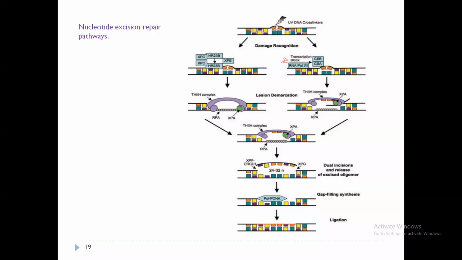XPA stands for Xeroderma pigmentosum complementation group A, and RPA is replication protein A. Then the TFIIH complex helicase function unwinds the DNA and generates an open stretch around the lesion, at which point XPG and XPF-ERCC1 come in. XPG stands for Xeroderma pigmentosum complementation group G, and ERCC1 stands for excision repair cross complementation group 1 gene.